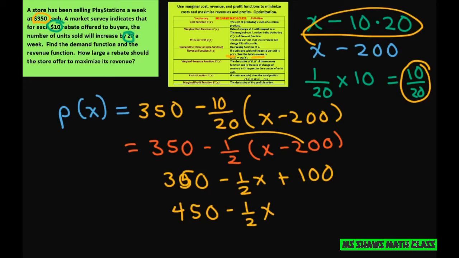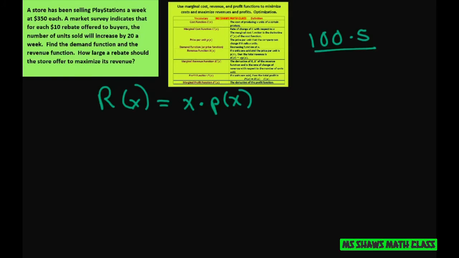Now, the revenue function formula is R of X equals X times your price per unit. So, for example, if we had 100 units and it was $5, that would be this.